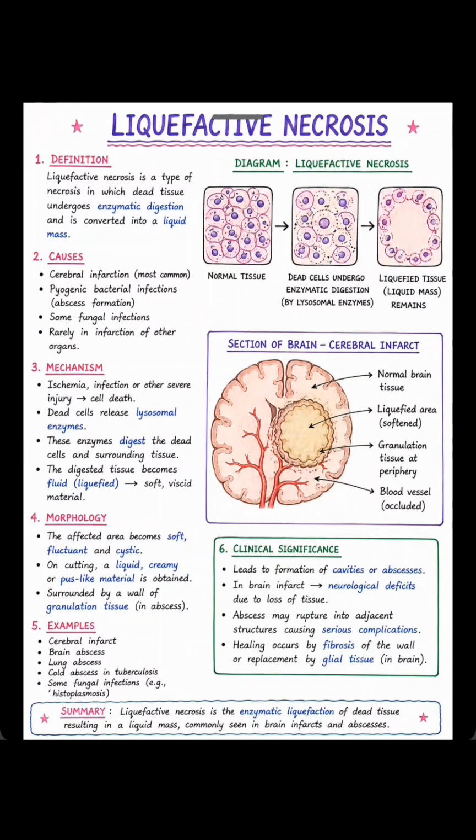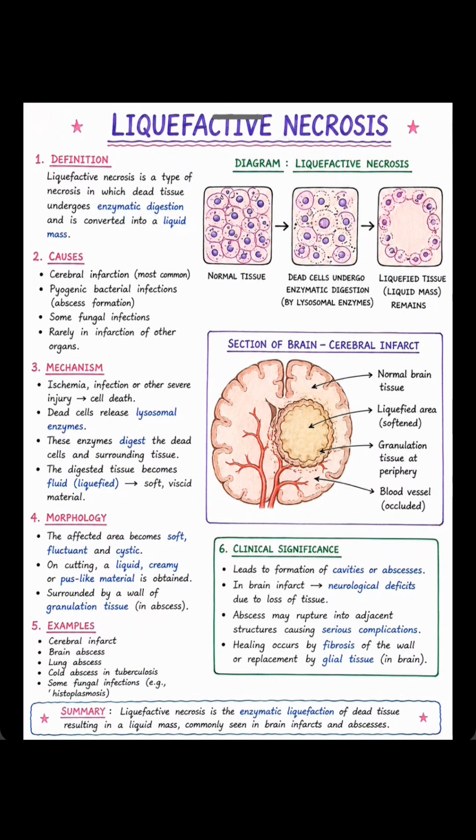Examples include cerebral infarct, brain abscess, lung abscess, cold abscess in tuberculosis, and some fungal infections, for example histoplasmosis. The summary: liquefactive necrosis is the enzymatic liquefaction of dead tissue resulting in a liquid mass, commonly seen in brain infarcts and abscesses.